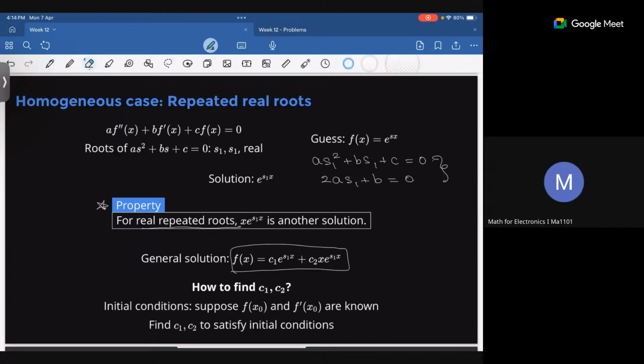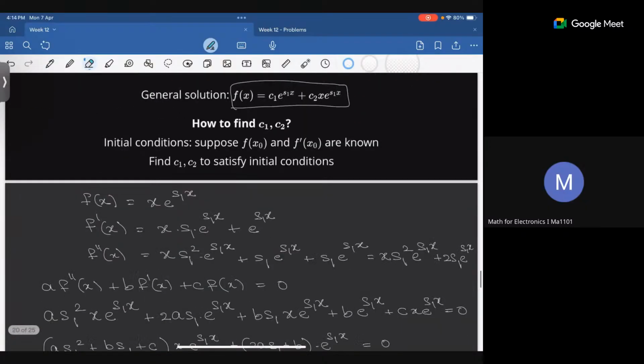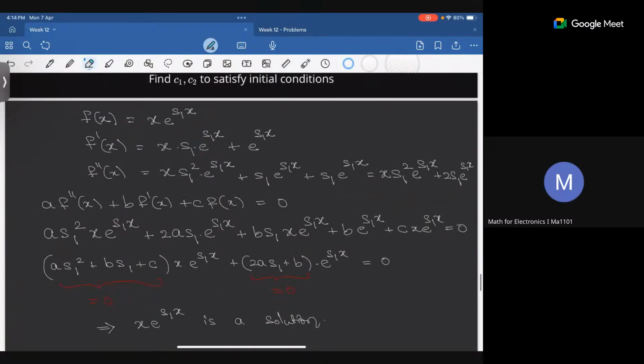Once you have these two things, you will see that x into e power s1x will also be a solution to our differential equation. If f of x is this, f prime of x will be this, then f double prime of x will be x s1 square into e power s1x plus 2s1 into e power s1x.